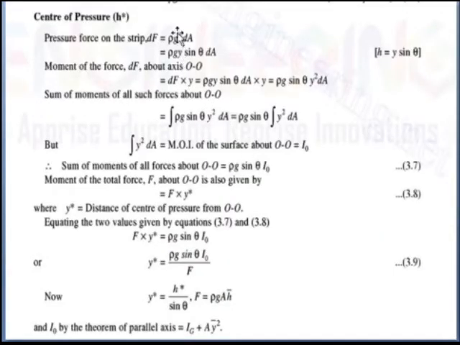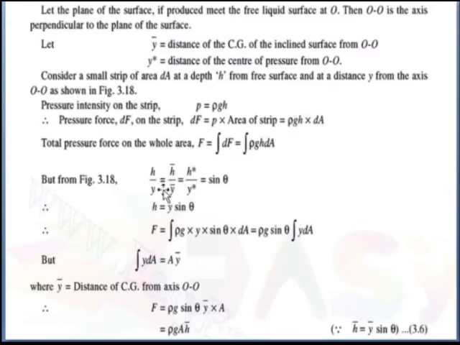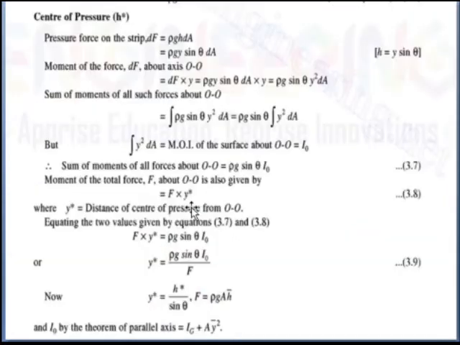Then again we can use this relation, h upon y is equal to sin theta. So putting the value of h equal to y sin theta, we get the pressure force on the strip, dF is equal to rho g y sin theta into dA.